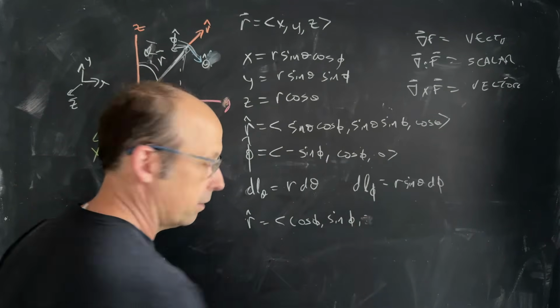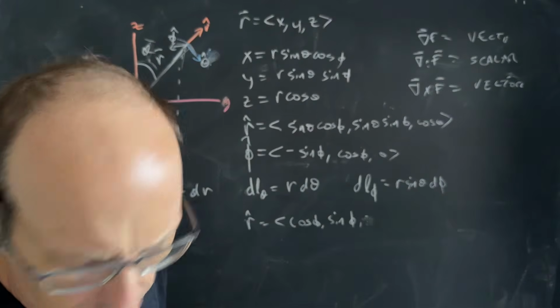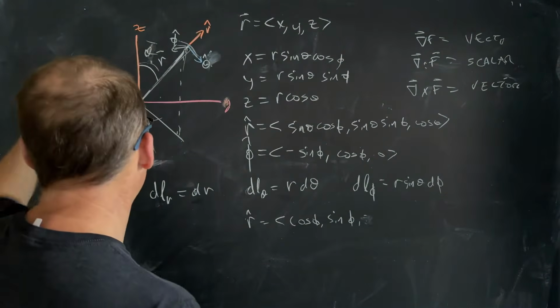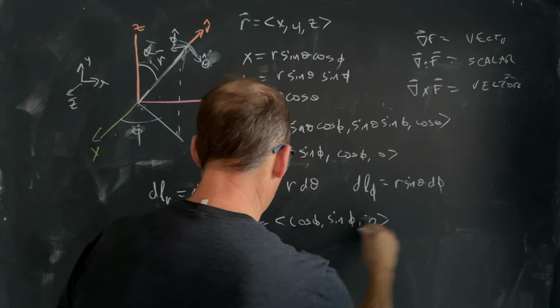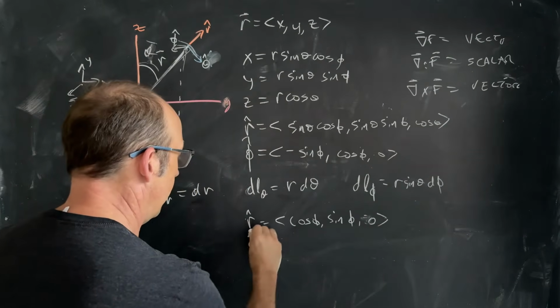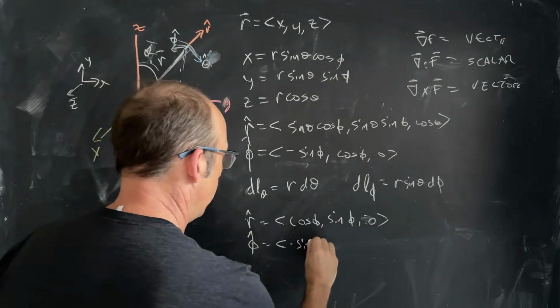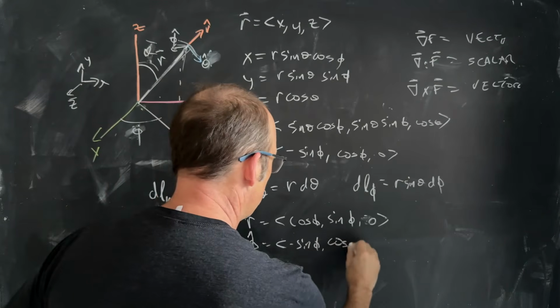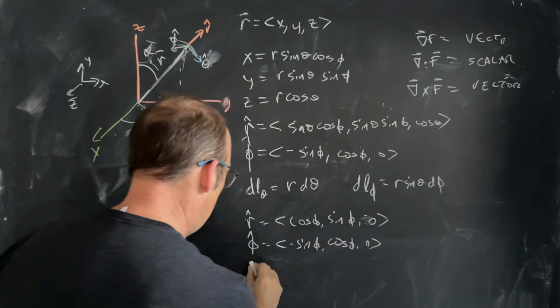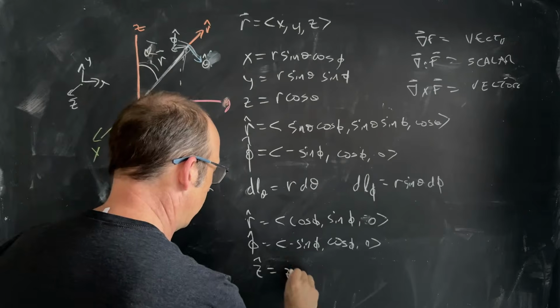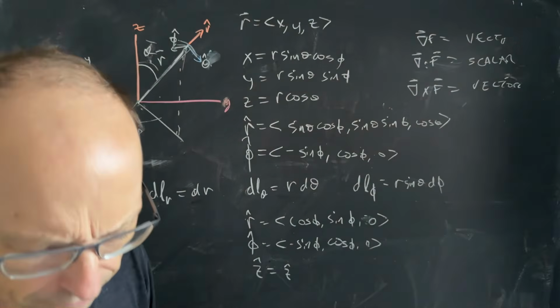Is that right? No, there is no z. Yeah, because it's in this way. So that's 0. And then phi hat is going to be negative sine phi, cosine phi, 0. And then z hat is z hat. That's that.